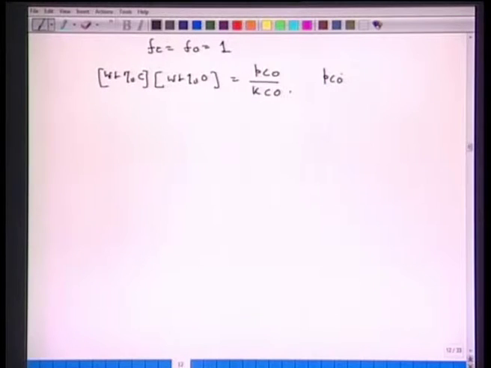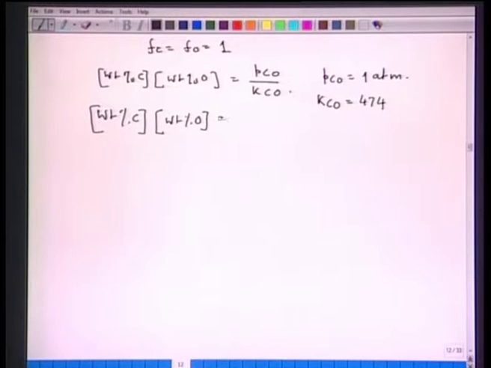Now, if we take for example PCO as 1 atmosphere, and let us take the value of KCO equal to, for example, 474, then what we get is weight percent C into weight percent O equal to 1 upon 474.